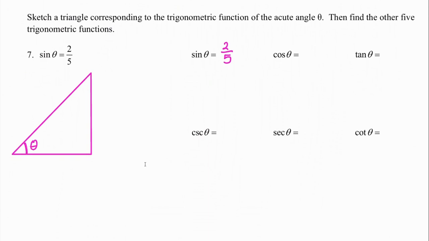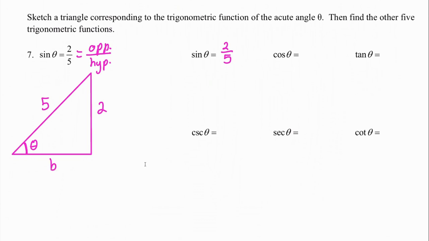So with sine, SOHCAHTOA is what we're thinking of. Sine, we know, is the opposite over the hypotenuse. So this tells me that 2 is going to be opposite of that theta, and that the hypotenuse is going to be 5. So we need to solve for that other side now. I'm going to call that b.